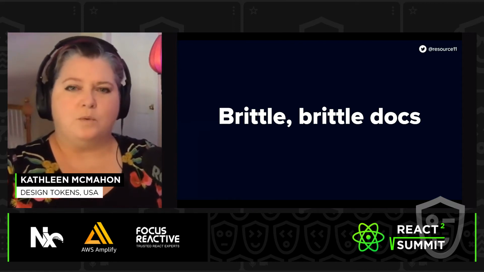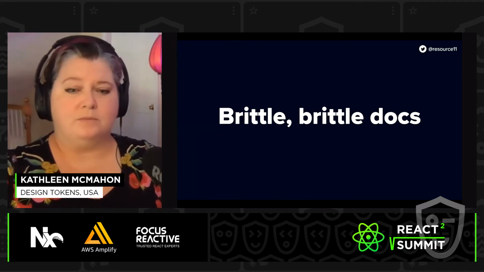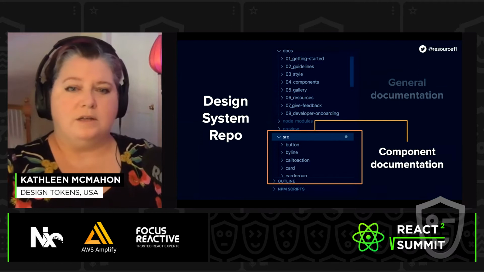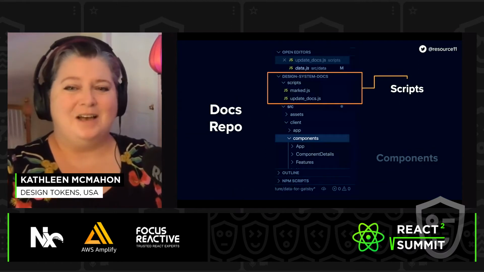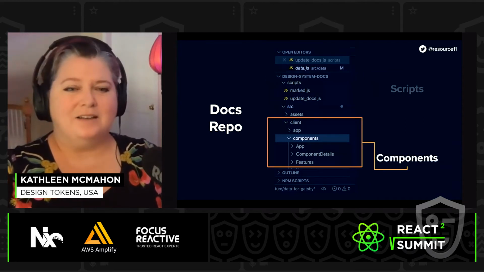Our process was spread across 2 projects, the design system repo and the design system docs repo. In the design system repo, the documentation content was stored in 2 locations, while the docs repo held the site scaffolding and the docs layout components.